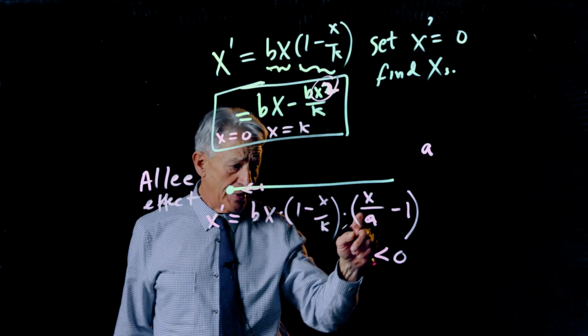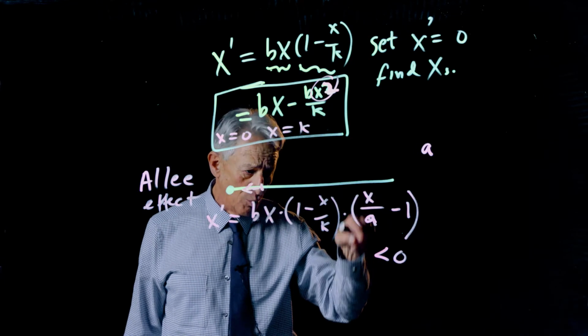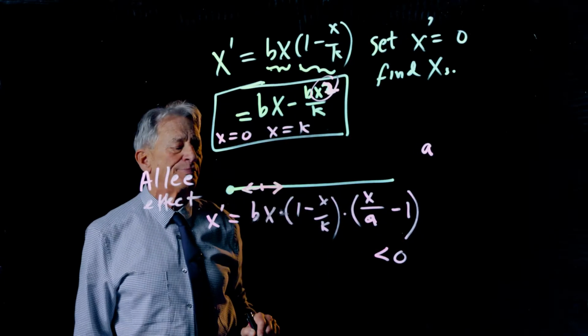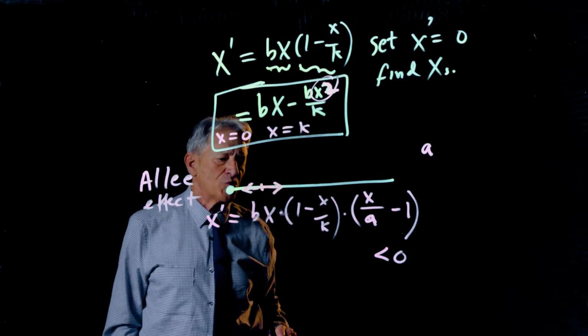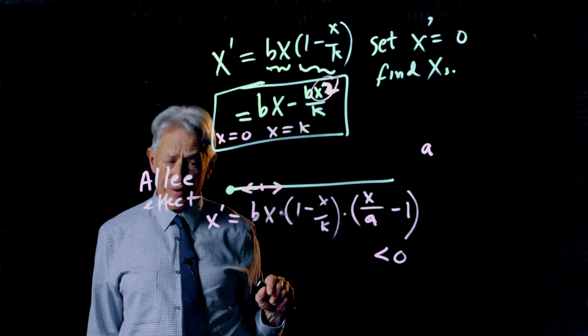And conversely, when x is greater than a, this fraction is greater than 1. Subtract 1, it's greater than 0. So we have another equilibrium point there.